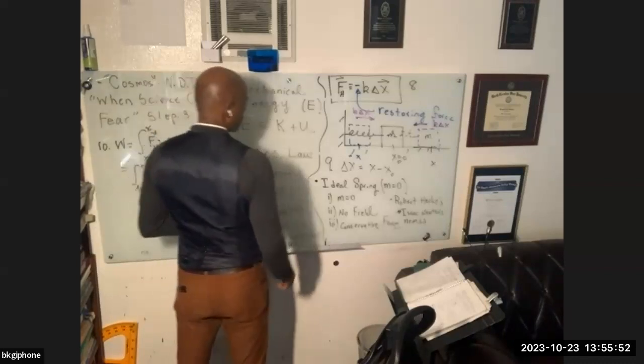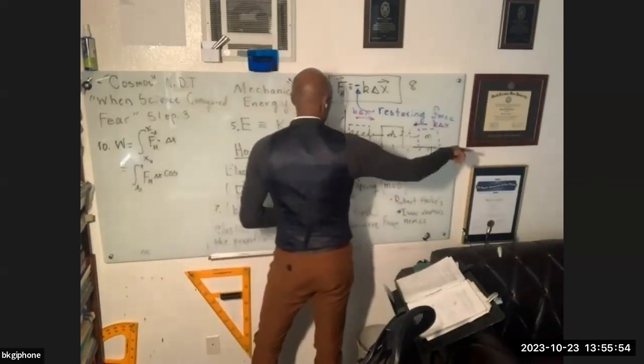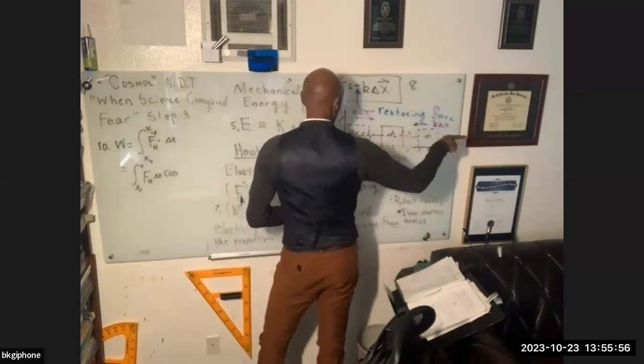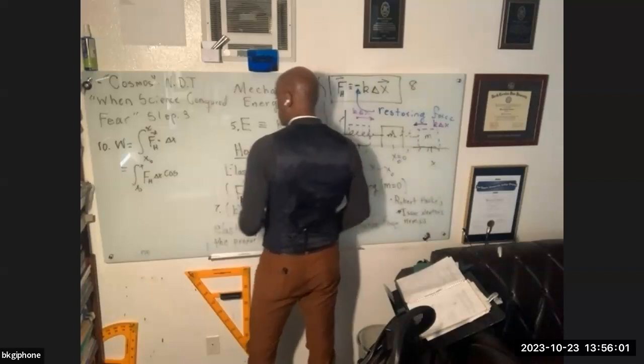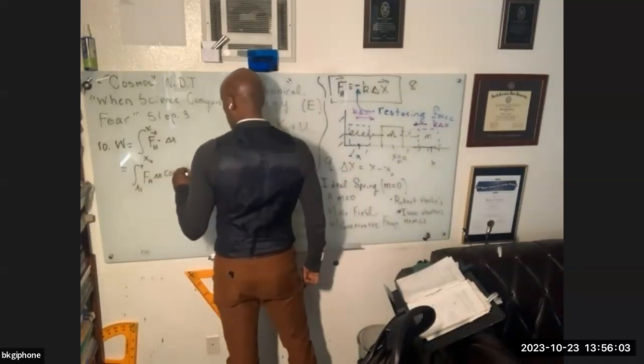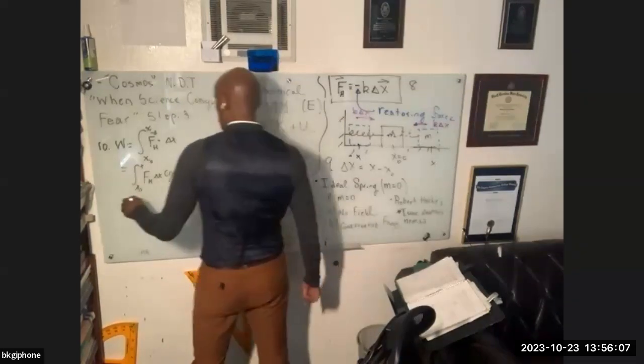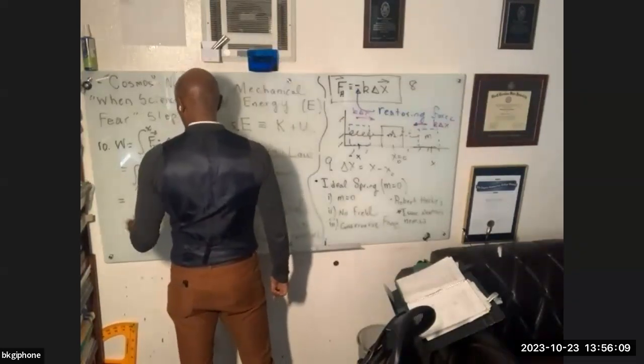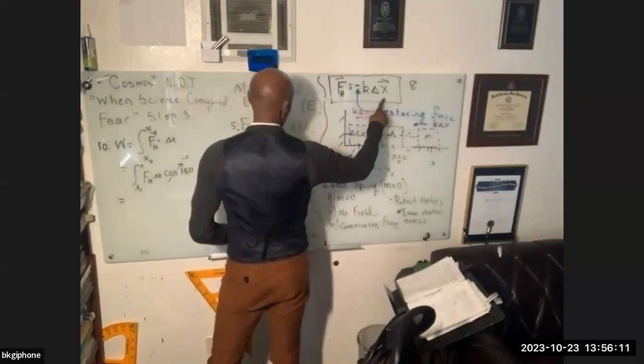The theta is 180 degrees, right? Because delta x is in that direction, and the restoring force, as I told you, in that direction. So 180. That generates a -1, which I'm going to take out of the integral. Also, I'll go ahead and put in kx.